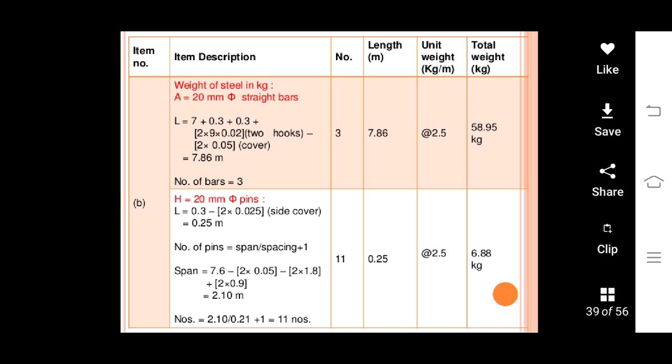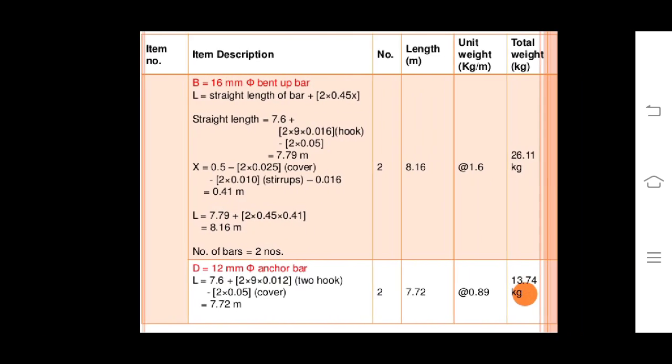The number of pins required is equal to span divided by spacing plus 1, that is 7.6 minus 2 into 0.05 minus 2 into 1.8 plus 2 into 0.9, that is 2.1, divided by 0.21 plus 1, that is 11 numbers. The total quantity of pins required is 11 into 0.25 into 2.5, that is equal to 6.88 kgs.